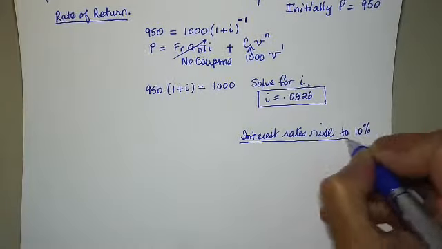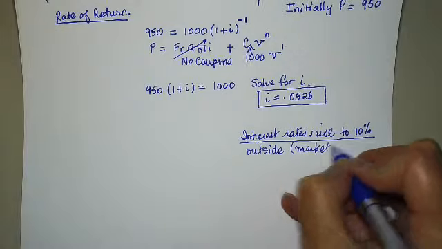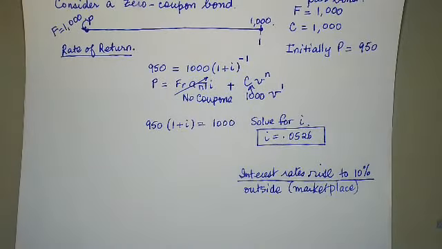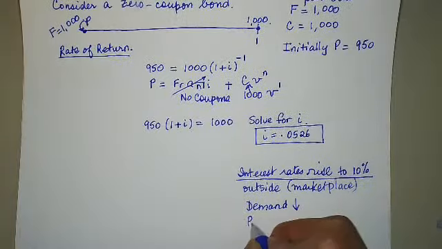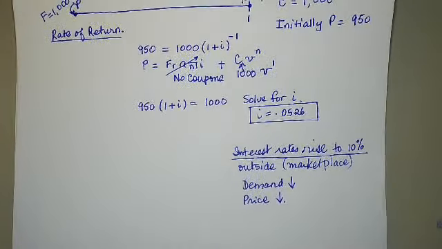So let's say interest rates rise to 10% outside, meaning in the market. So what will happen here to my bond? Who's going to want to buy a bond that yields 5% when you can get 10% outside? So what do you think happens to the price of this bond? Yeah, the demand will decrease, and therefore the price will decrease.